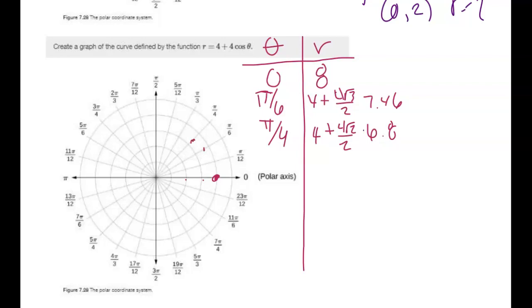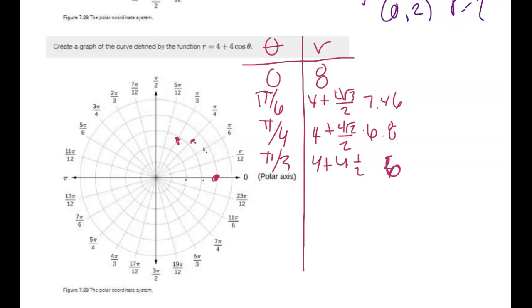Okay, and then we keep going with this. Pi over 3 ends up giving me 4 plus 4 times a half, so 2. So that goes way down. I lied. It's 4 plus 2, which is 6. Okay, that's a little bit better. I was like, that doesn't follow the pattern at all.